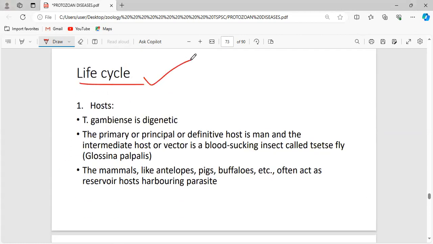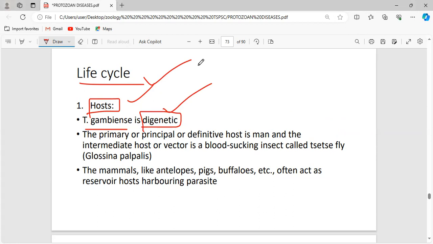Coming to the life cycle, when it comes to the diseases, whatever I am highlighting, just make a note; that is more than sufficient for you. In this slide, you have to remember what the host is. Trypanosoma gambiense is digenetic in nature, which means what?